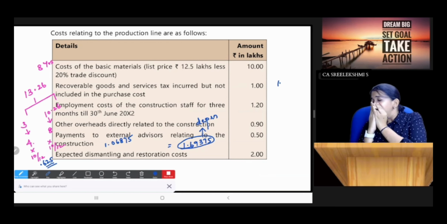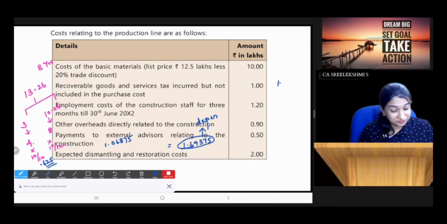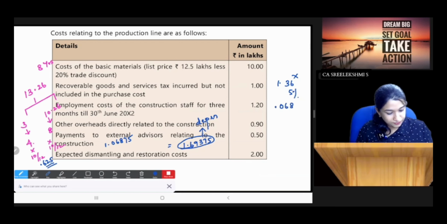So another expense at the year end is, sorry, 1.36, the provision for dismantling, into 5%. 1.36 into 5% is 0.068. So total 1.69375 plus that is 1.76.